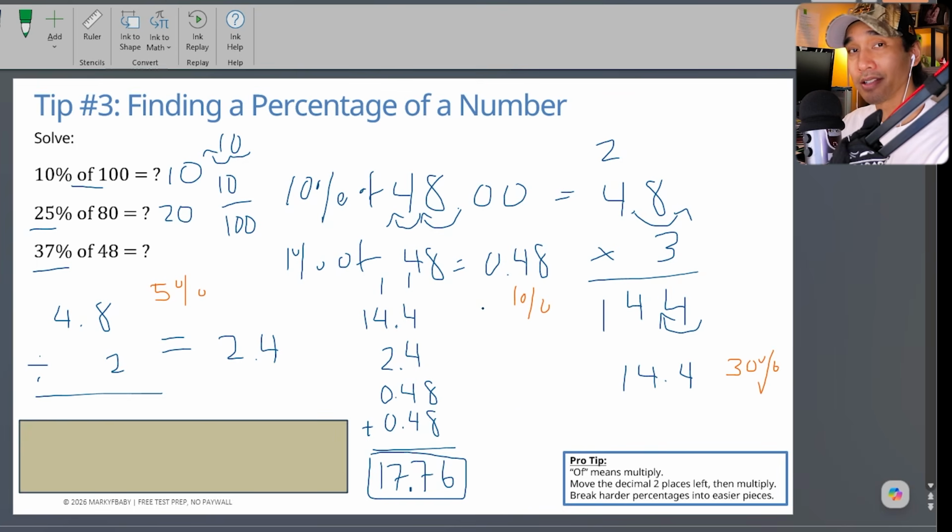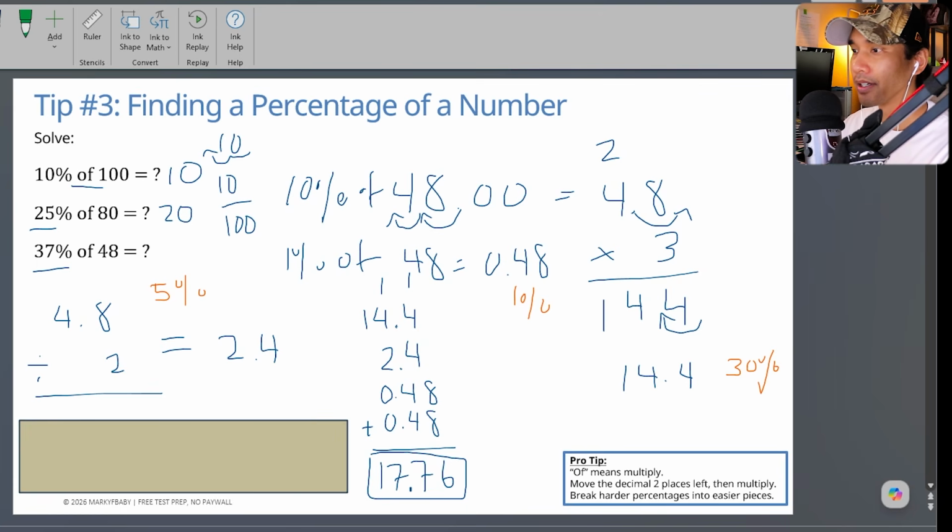First, I get 10%. And then I multiply by whatever to get, let's say, for example, 30%. I multiply 10% by 3. And to go further, we can find 5% and we could find 1%. Okay? Break harder percentages into easier pieces.